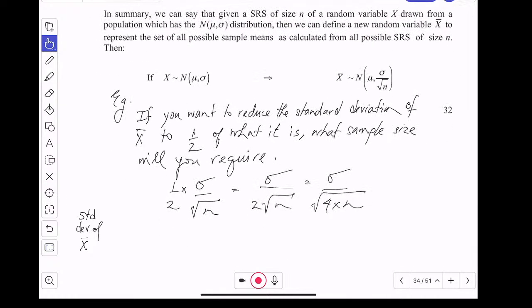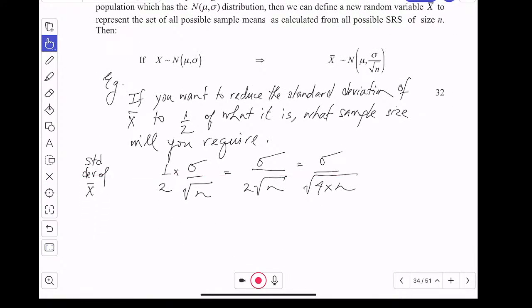What if you want to go to much smaller, even 1/10 of what it is?